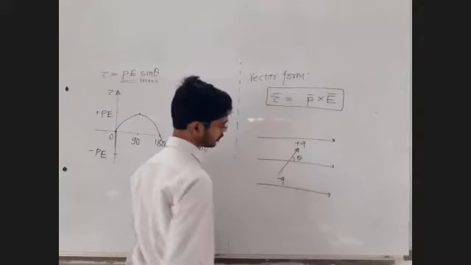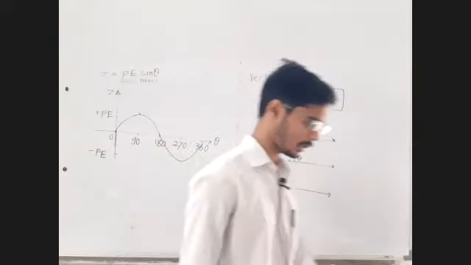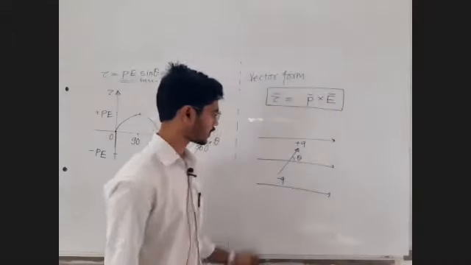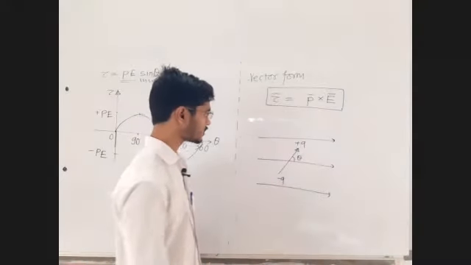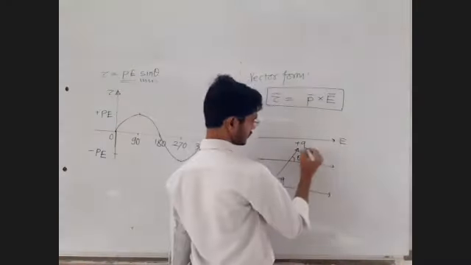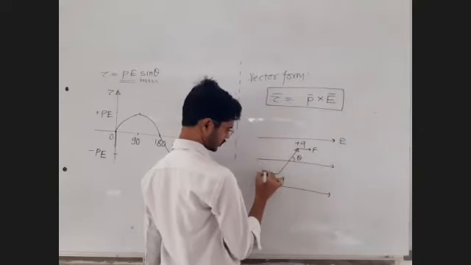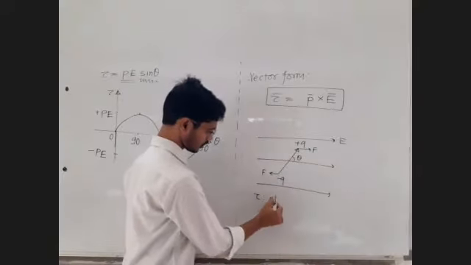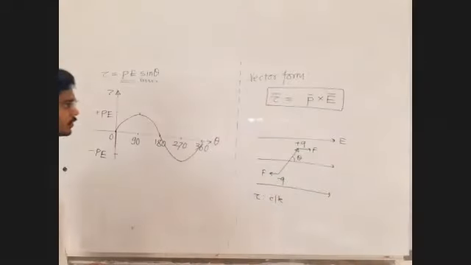For this value of angle, torque will be clockwise or anti-clockwise? Obviously, sir, positive will experience force in the direction of electric field, negative will experience force opposite to the direction of electric field. Here, sir, torque is going to be clockwise.